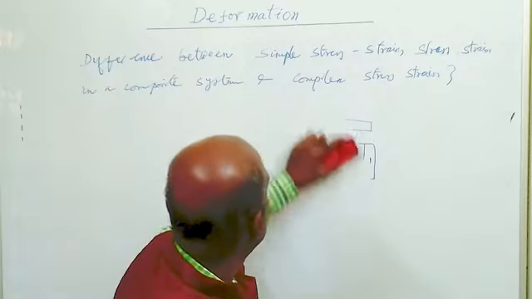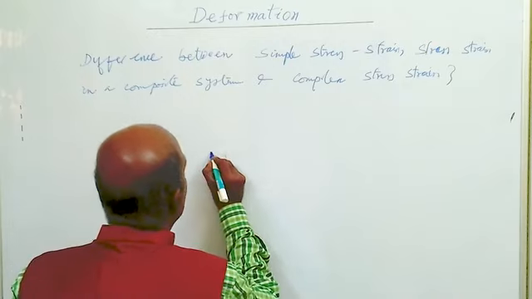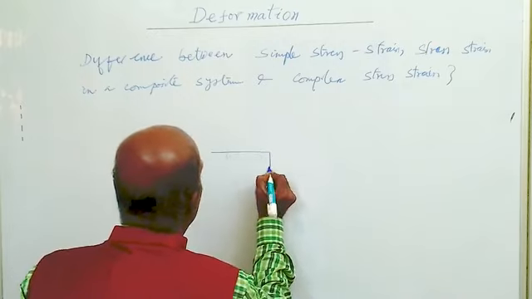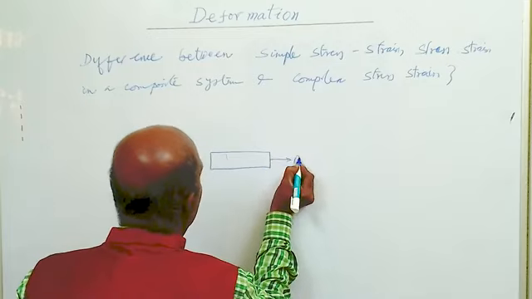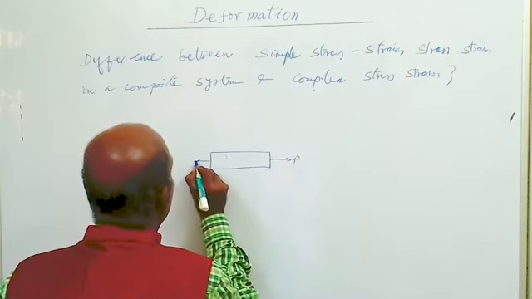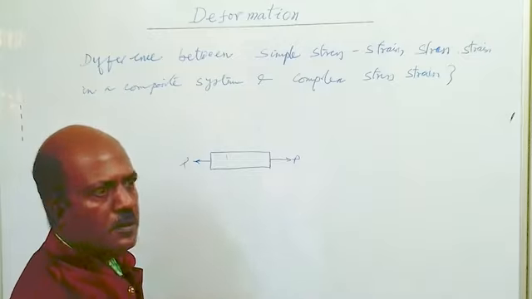Now the third case. Say this is a bar, and the bar is under an axial load P, which is a normal load.